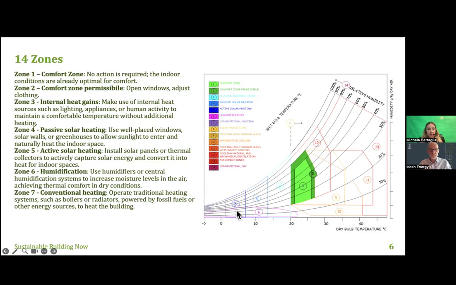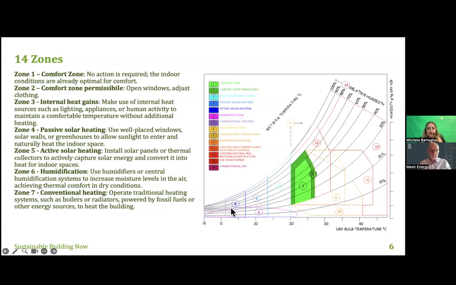In zone 5, we could use active solar heating, installing solar panels or thermal collectors to actively capture solar energy and convert it to heat for the indoor spaces.